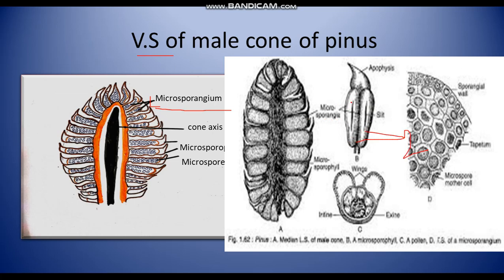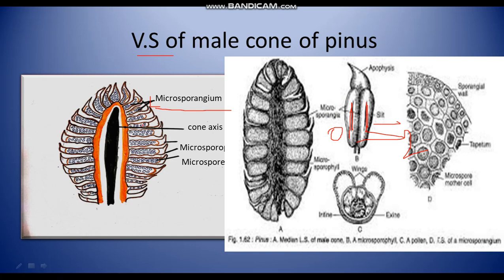These microsporangia have microspores in them. Here these are full of microspores, and you can see the slit also, and the dehiscence of the microspores takes place through these longitudinal slits.